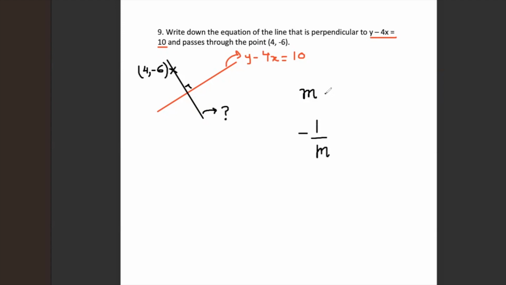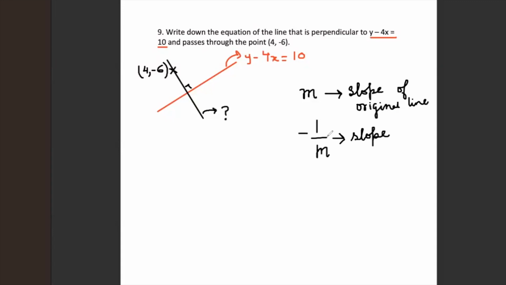So this is the slope of the original line, then the slope of the perpendicular line will be a negative reciprocal of the original slope.